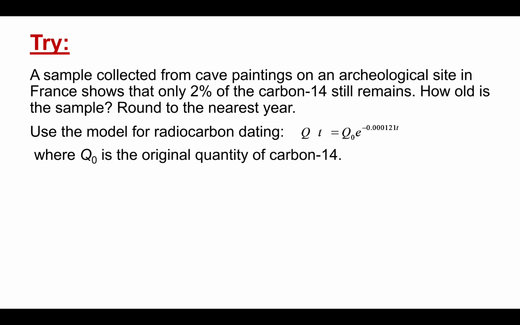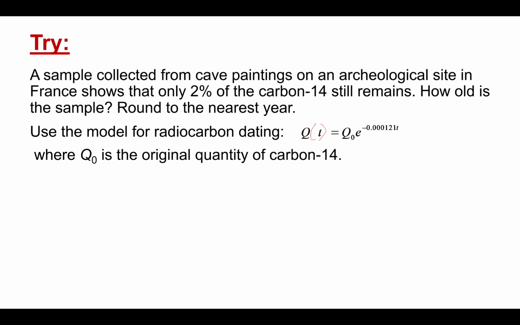The model for the radiocarbon dating is Q of t is equal to Q naught times e to the negative 0.000121 times t, where Q naught is the original quantity of carbon-14.